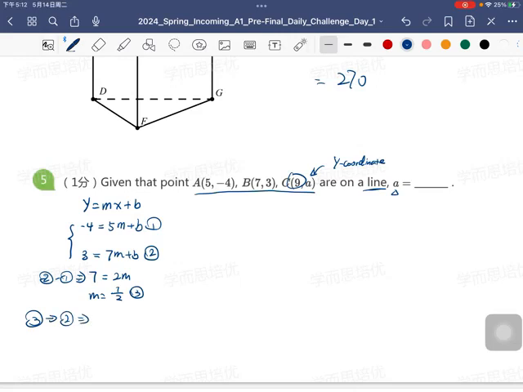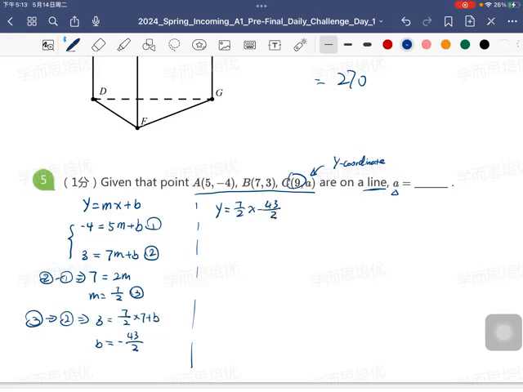I'll just put it into equation 2. So 3 is equal to 7 over 2 times 7 plus b. By doing so, I will be able to solve for b, which is -43 over 2. After I solve for b, I actually got the original linear equation representing the graph of this line. It should be y equals 7 over 2 x minus 43 over 2.